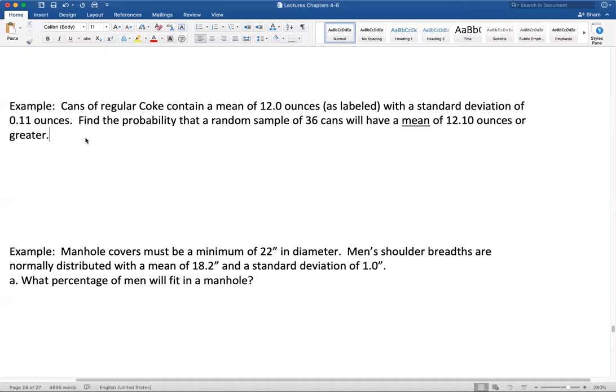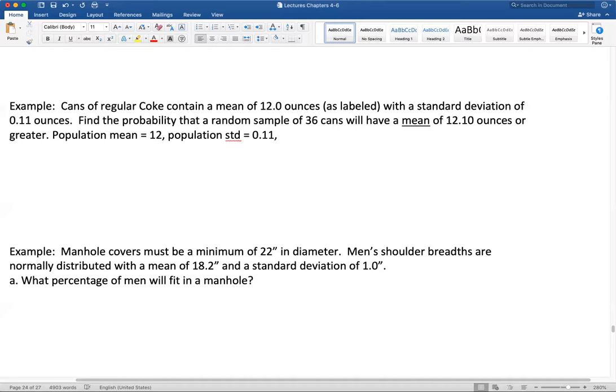So for example, the population mean is 12, and the population standard deviation, let me just write STD for standard deviation, is 0.11, right?